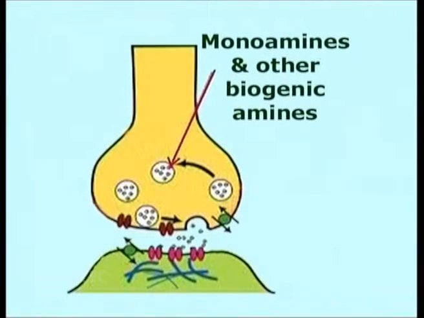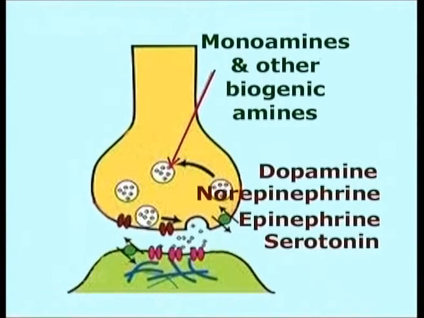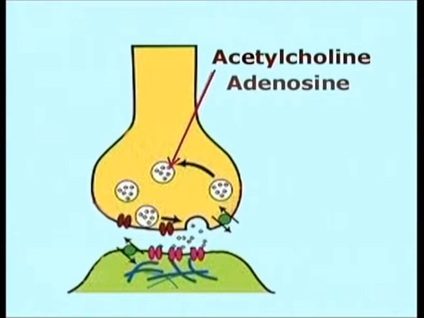The second type is monoamines and other biogenic amines, which include dopamine, norepinephrine, also termed noradrenaline, epinephrine, also called adrenaline, serotonin, and indolamines. The other types include acetylcholine, adenosine, nitric oxide, etc.